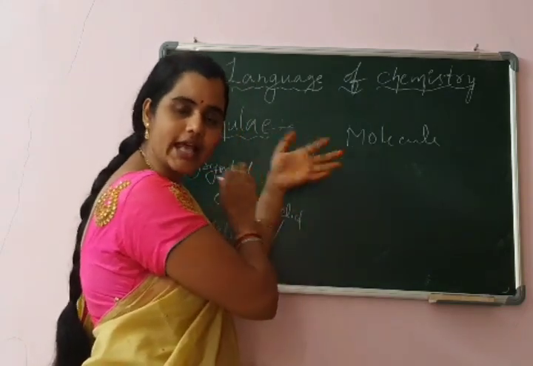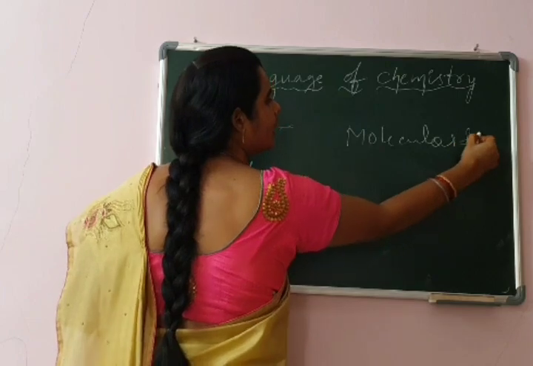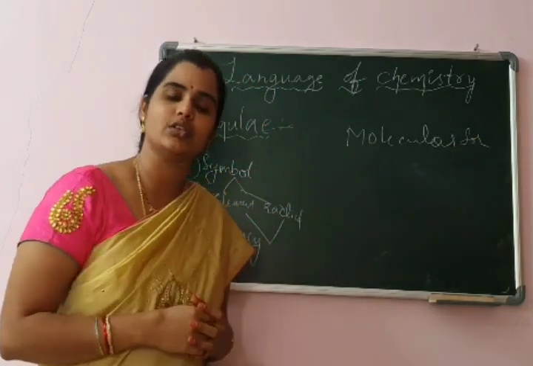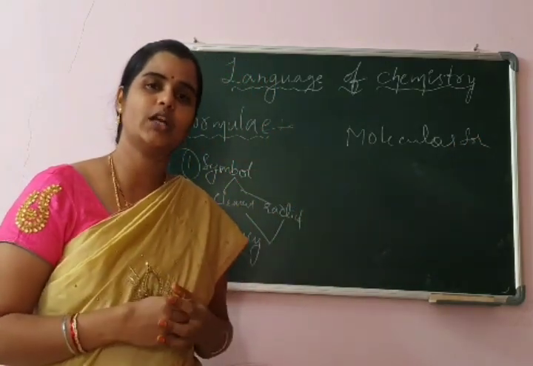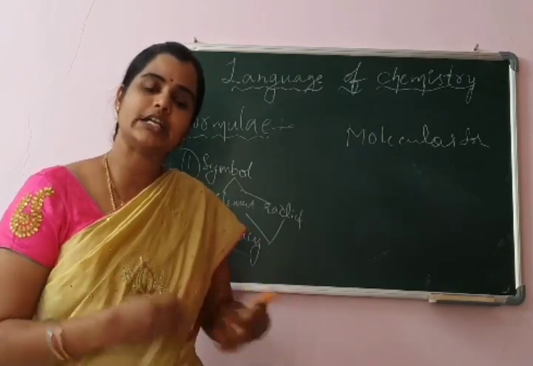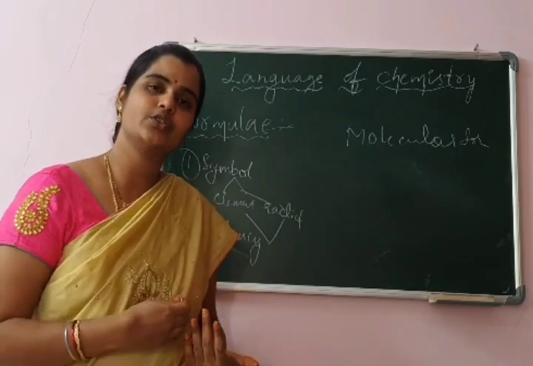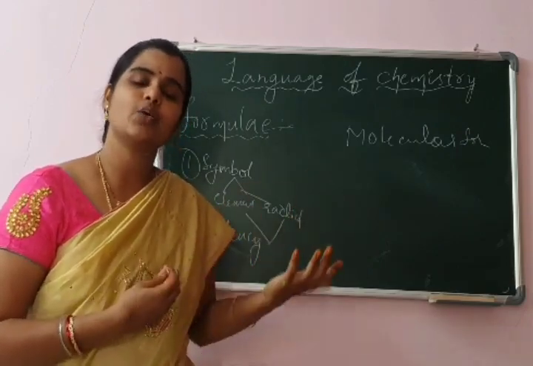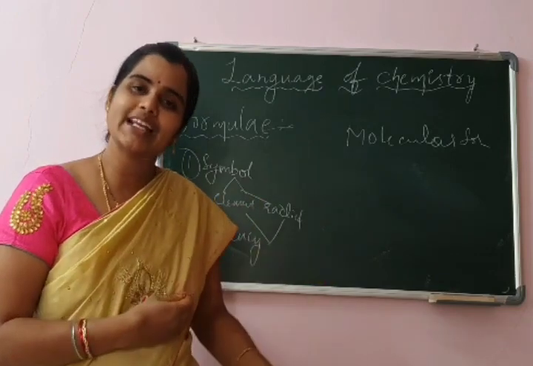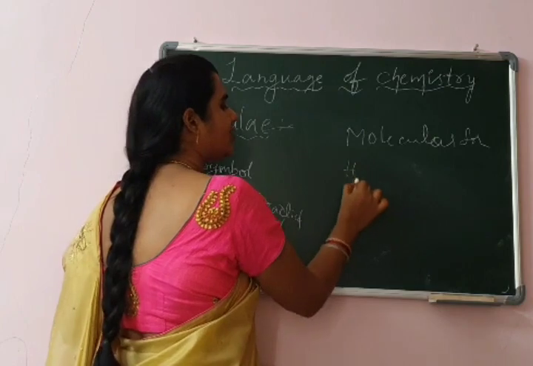It is known as a formula or molecular formula. If you take a water molecule, every time you cannot write water wherever necessary. So in chemical reactions, you write its molecular formula. The symbolic representation of water is H2O.